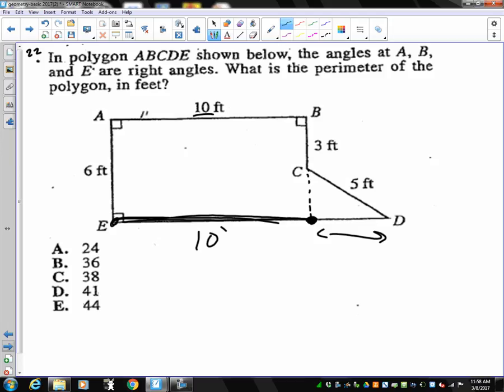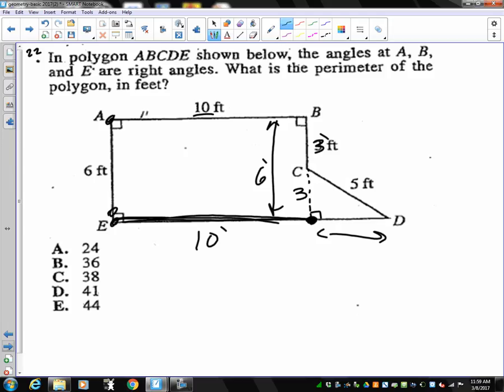So what I'm going to notice here is when I section that off, I formed a right triangle. And if you notice here, this distance is 6 feet. Okay, so all that is 6 feet. And then this part of it is 3 feet. So that means that this distance on this triangle right here would be 3 feet.